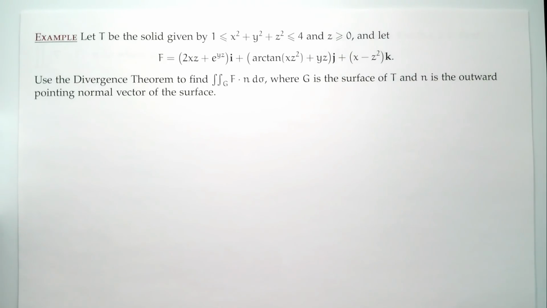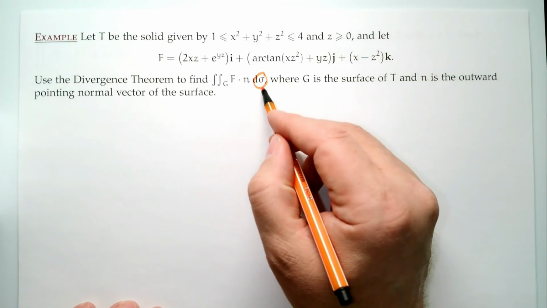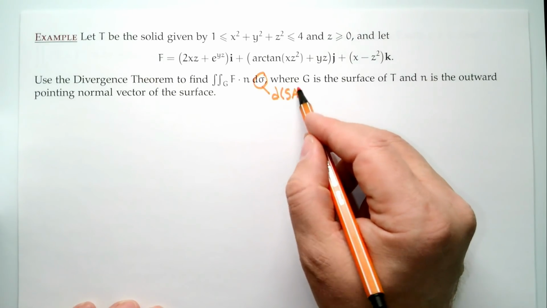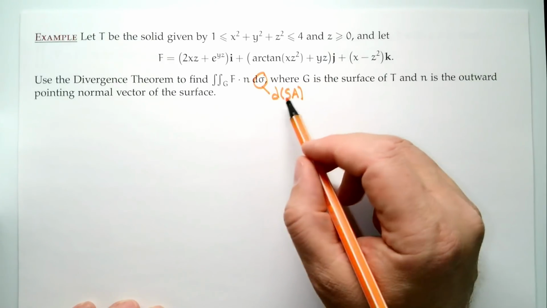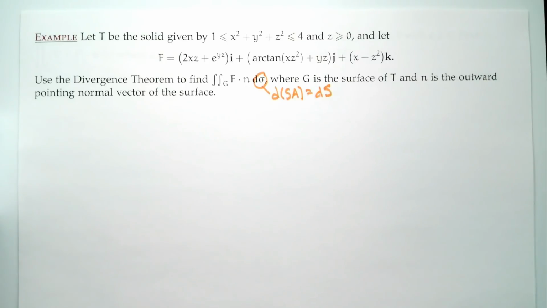Now, just as a side note, some places you'll see d sigma being used. For instance, your book. That's just a shorthand for notation. What we've been calling dS. Some people also call it capital dS. It's just different notations. Where sigma is the surface of T and n is the outward pointing normal vector of the surface. Now, which tool should we use?